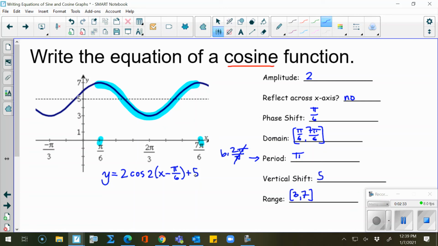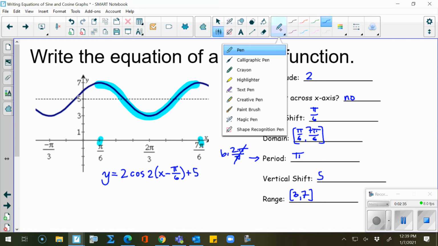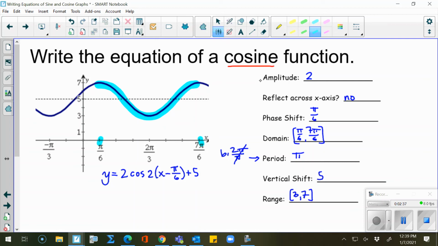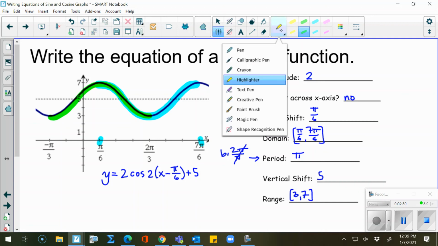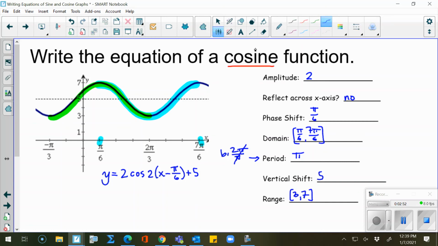And just for the sake of practice, what if you had selected this as your phase? There would be no problem with that. Some of the characteristics and parts of the equation would be exactly the same.